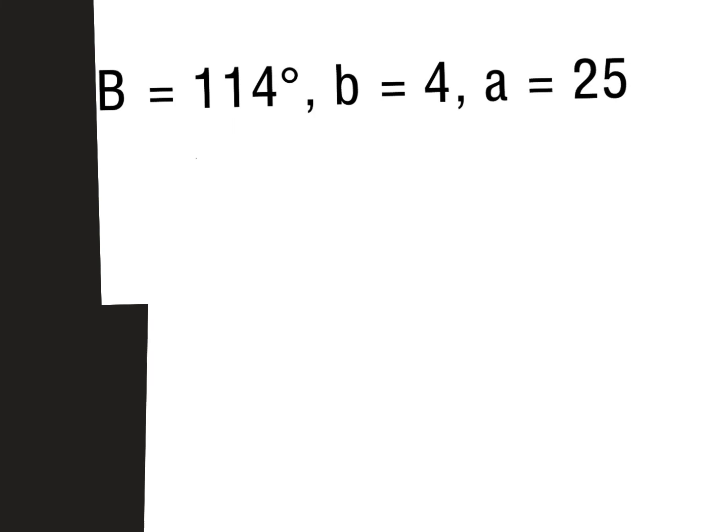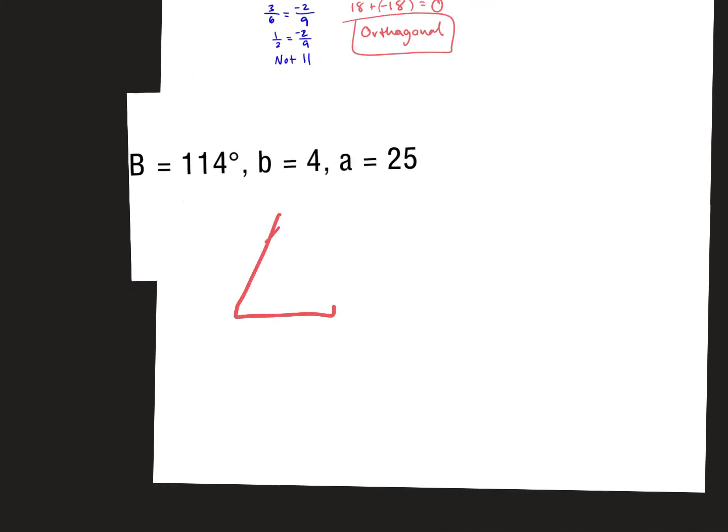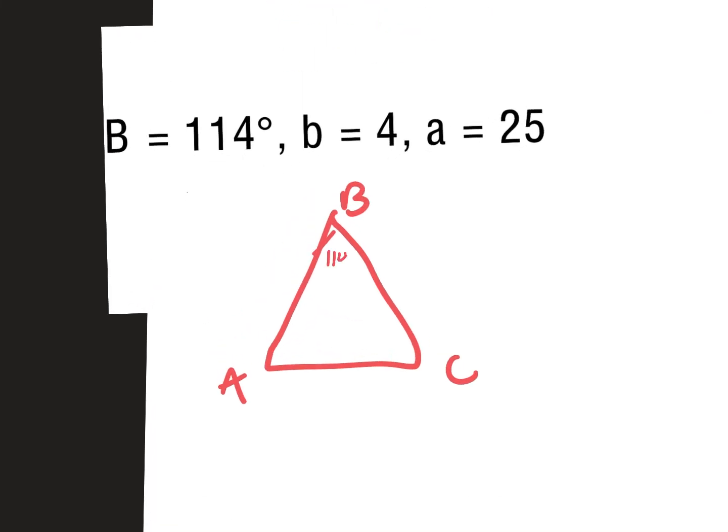So here we have a triangle. So A, B, C. Angle B is given as 114. Side B is given as 4, and side A is 25. Of course, I picked one that didn't work.